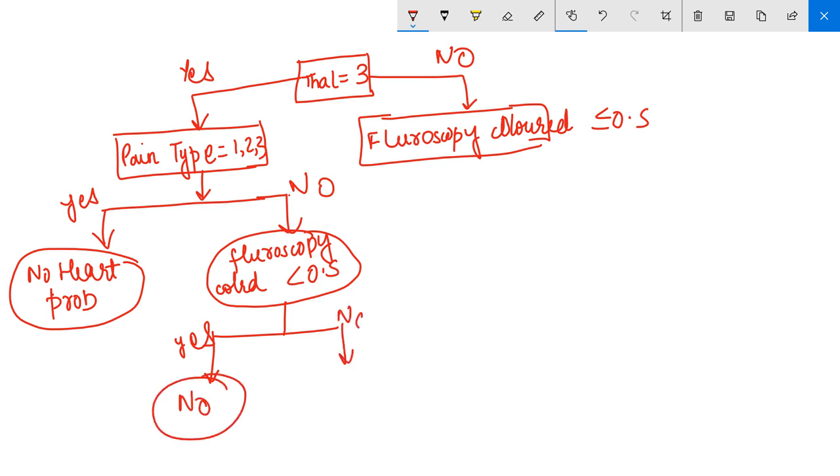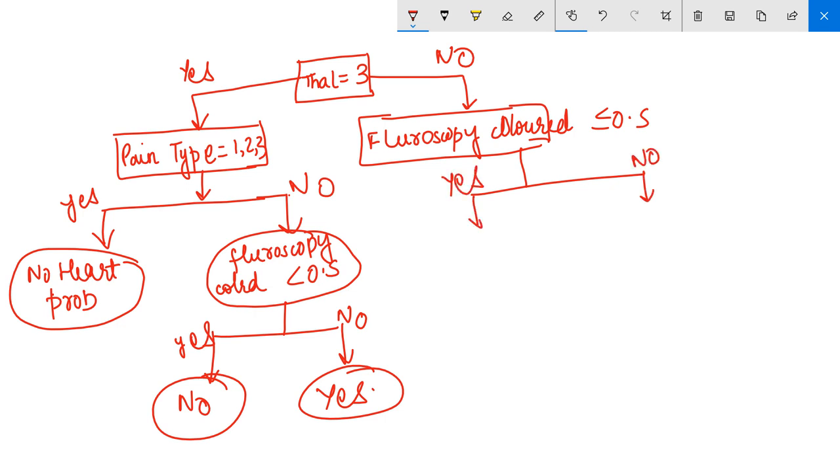If it comes as no, there is a heart issue. I don't know what's happening here, but it's a good example to explain decision tree. No, yes. So there is a heart disease here.